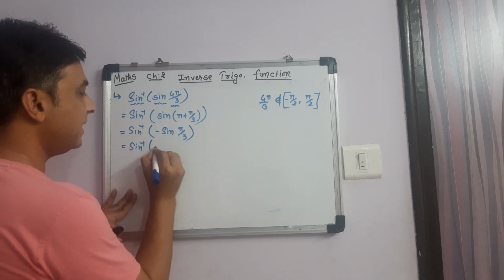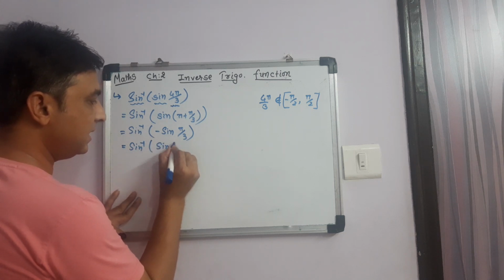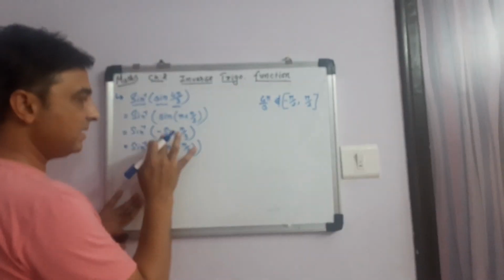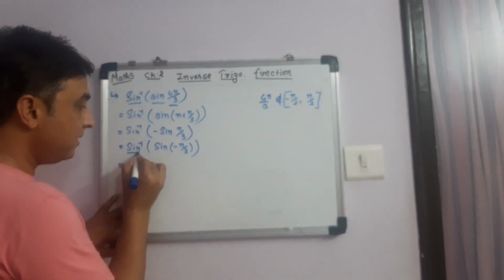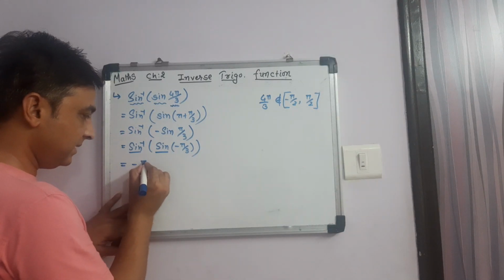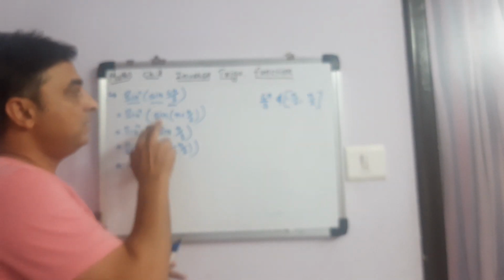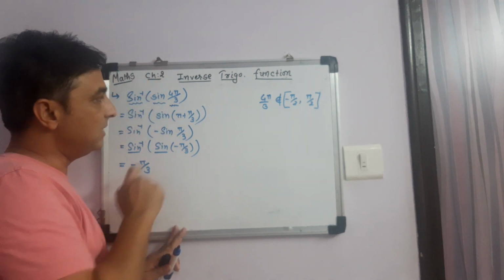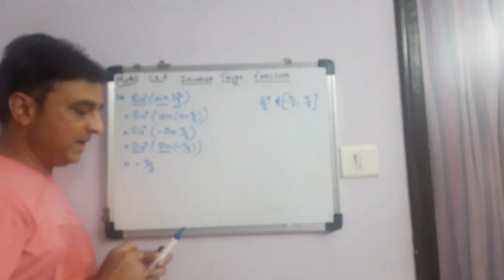We can also write it as sine of minus pi by 3, because sine of minus pi by 3 equals minus sine pi by 3. Now sine inverse and sine cancel, and the answer is minus pi by 3. Don't hurry. Sine inverse sine is not always cancelled. Here it was 4 pi by 3 and the answer is minus pi by 3.